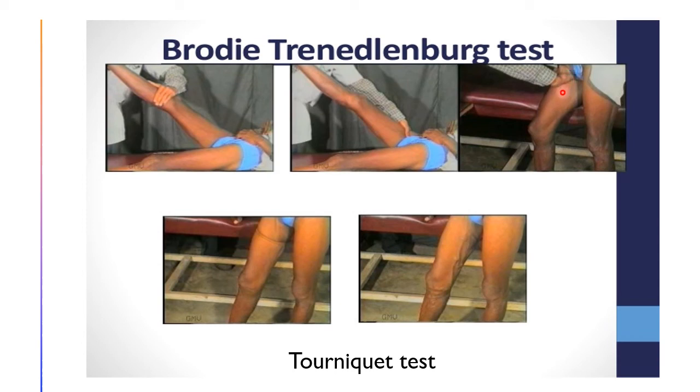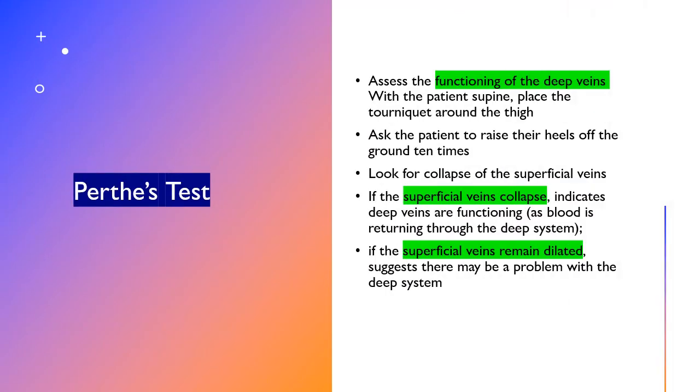If it does not fill from above, then the SF junction is at fault, is incompetent. This is a tourniquet test where a tourniquet is applied to the upper thigh, and similarly the patient is asked to stand. Okay, filling of the veins from below indicates there are problems of incompetence below the application of the tourniquet.